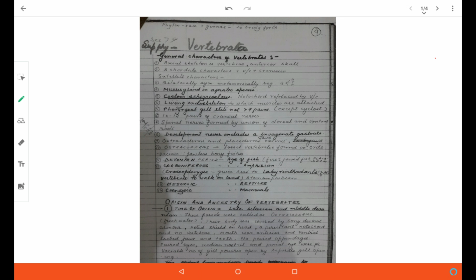The endoskeleton of all the vertebrates is living, and muscles are attached to the endoskeleton for the movement of limbs and body.